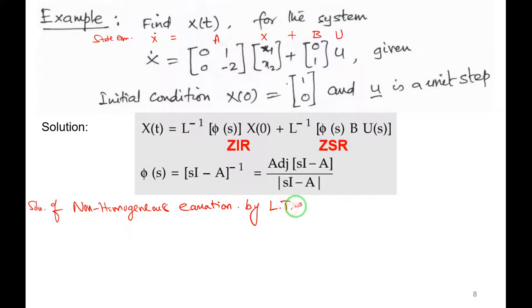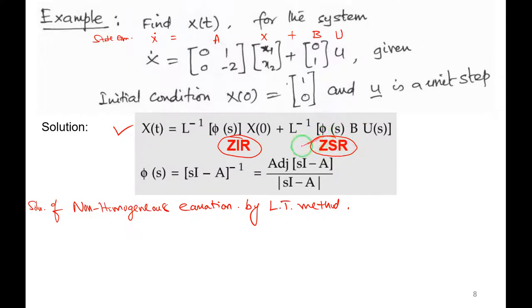The solution is given by this: x of t is equal to the Laplace inverse of phi of s into x of 0, which you have to remember. This gives the zero input response because there is no input; it depends only on the state variable x of t. The second term is the Laplace inverse of phi of s into B into u of s, the input. This is the zero state response because it depends only on the input u of s. It does not have any states here.